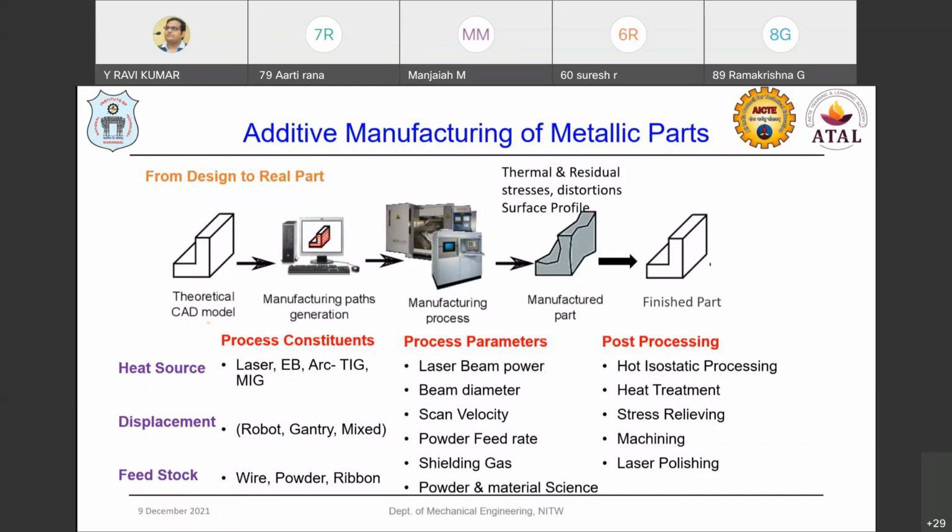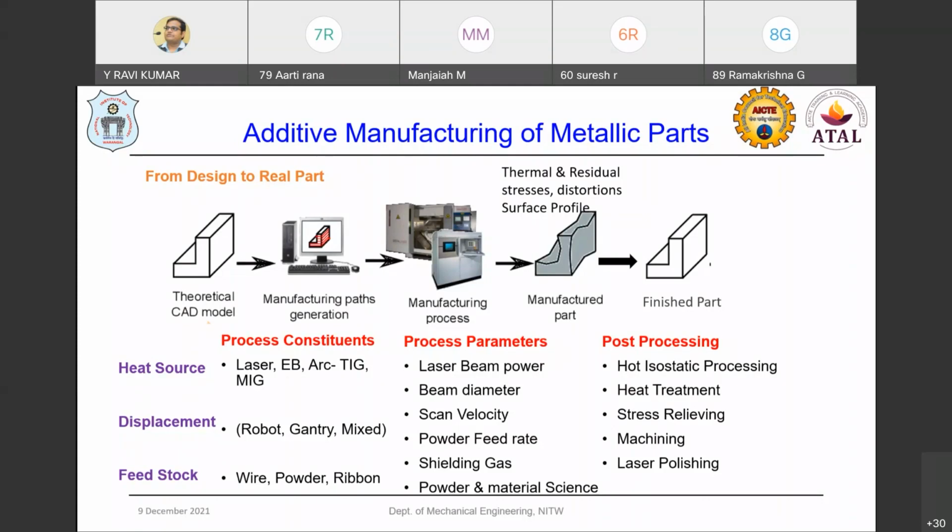Professor C.B. Paul sir has given more insights into the indigenous development of AM machines in India, with respect to DED machines as well as powder bed machines. I'm not going to discuss much about how the process works, because many of the speakers have already discussed it.